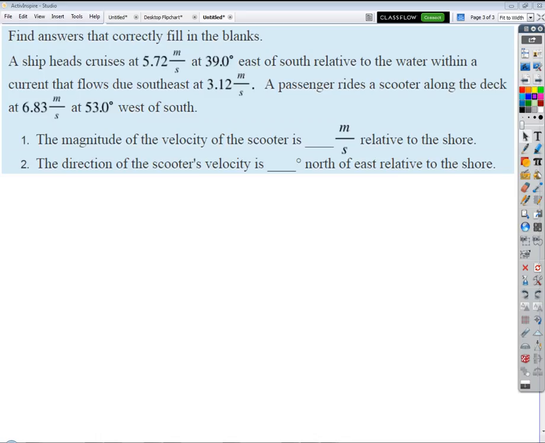We've got to put all that together and find, for the scooter, the magnitude of the velocity and the direction of the scooter relative to the shore, north of east, we're going to measure, right?